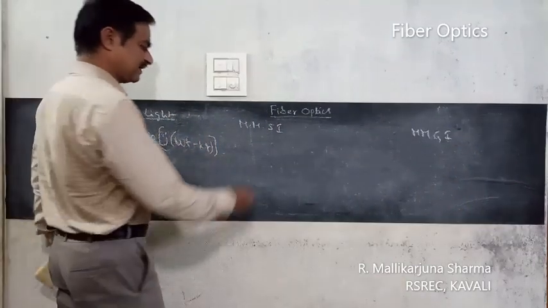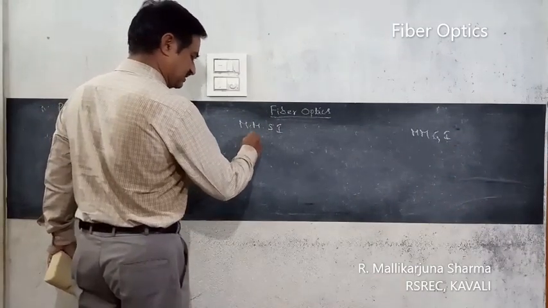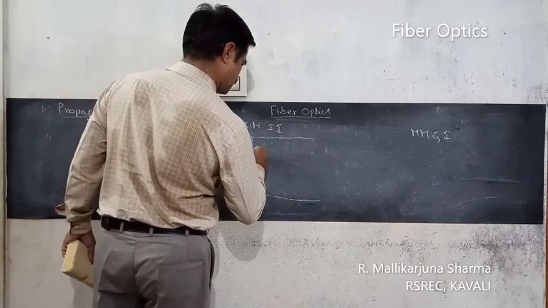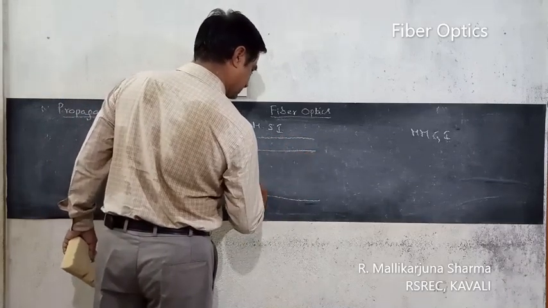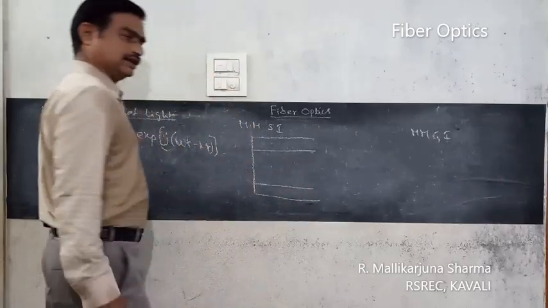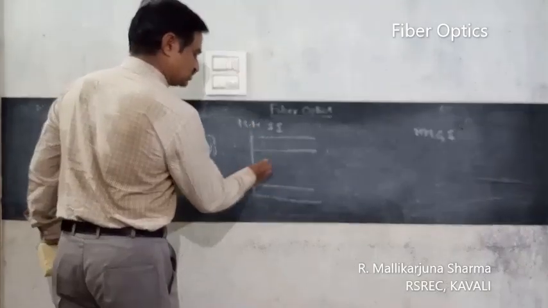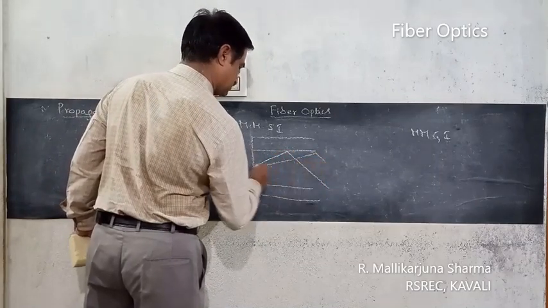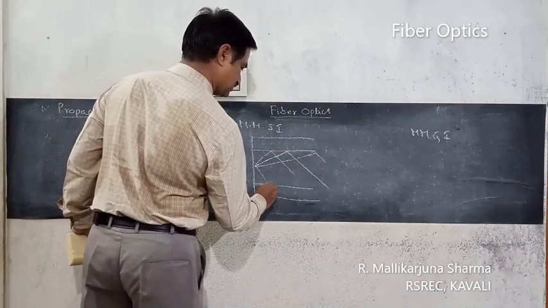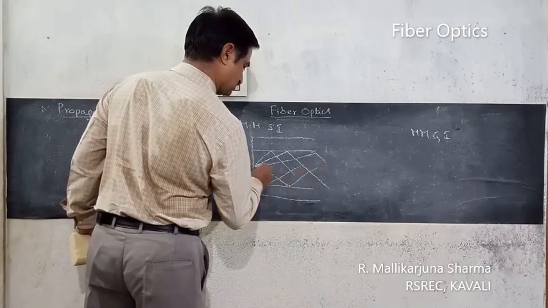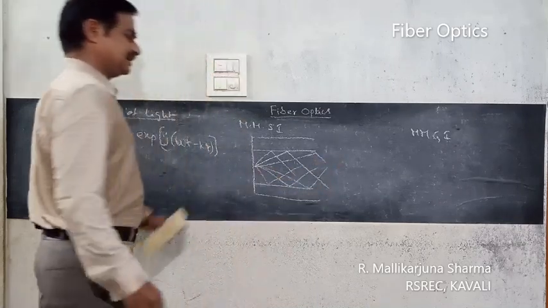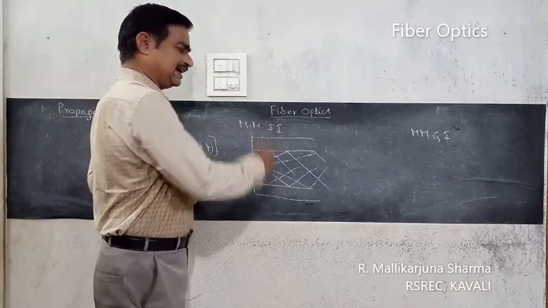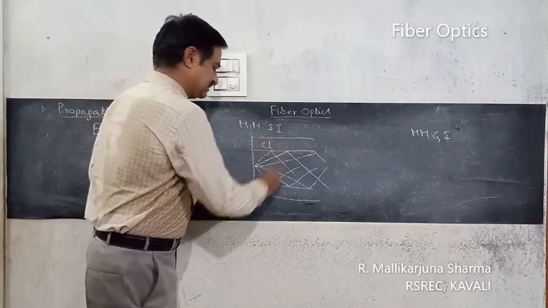In this optical fiber, if this is cladding and the central part is core, then it goes like this. The light propagation takes place like this. It is going to be reflected at the interface. This is cladding, this is core.